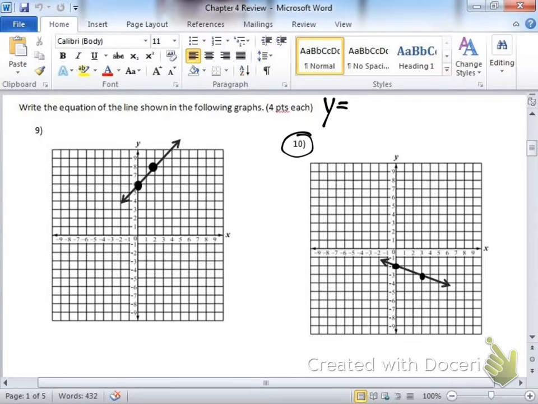We're still working in y equals mx plus b, where m is the slope and b is the y-intercept. So first, in this problem, I need to find the slope. I need to find the m. Remember, m is our rise over our run.